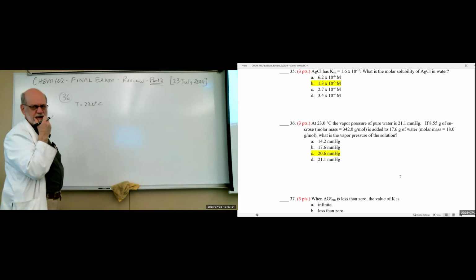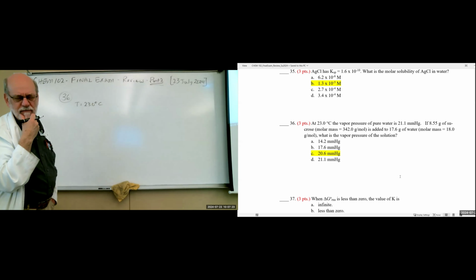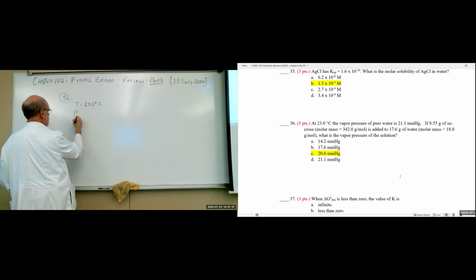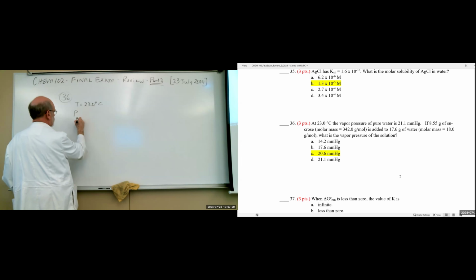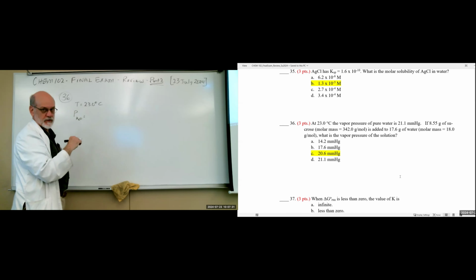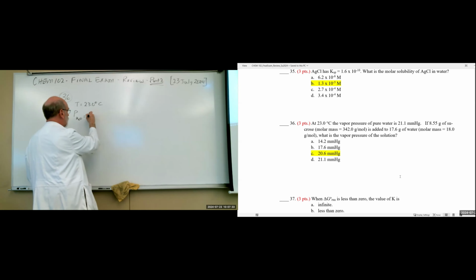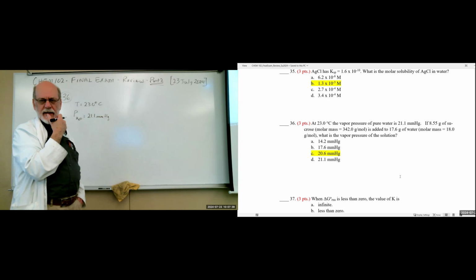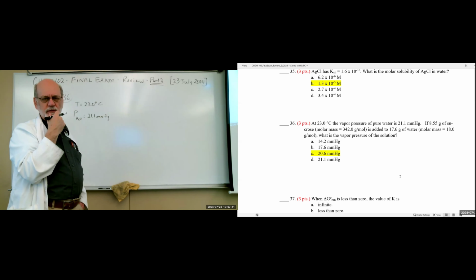The vapor pressure of pure water at that temperature is 21.1 millimeters of mercury. 8.55 grams of sucrose.